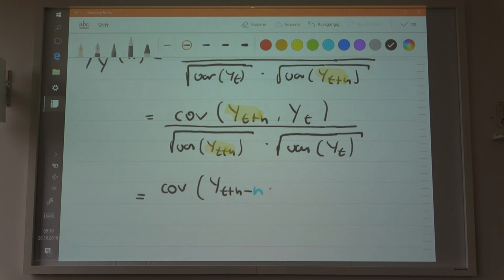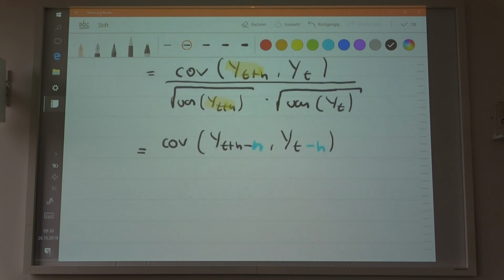This is equal to, on the other hand, yt and minus h. Again, why is that? Because the autocorrelation or the autocovariance does not depend on time. It only depends on the time lag between the two, and the time lag between the two is still the same. You see? So that didn't change here at all.